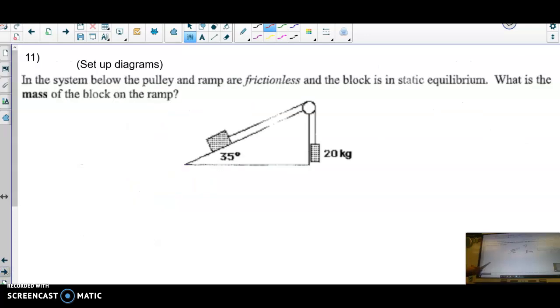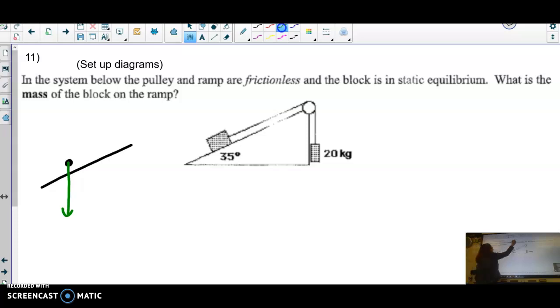Okay, number 11, I'm just going to help you set up the diagram. There are two different objects, so I'm going to set those diagrams up separately. First of all, for this object on the ramp, there's my object. I do not know the mass of the block, so I know it has a weight, but I don't know what it is.